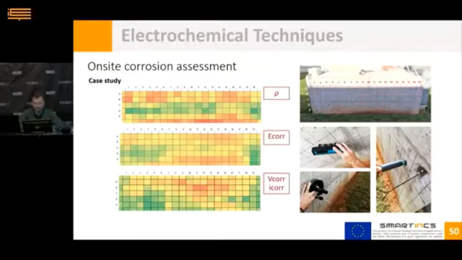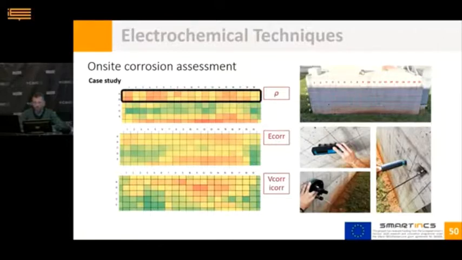In the resistivity map, the highest risk areas are identified as the most red or orange ones, as on the rest of the maps also. In the resistivity maps, the higher risk areas are identified on the top of the wall and some parts close to the ground.